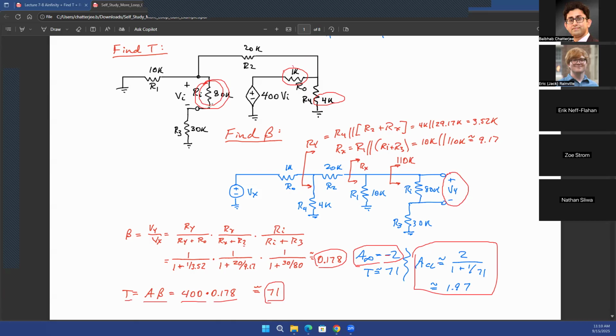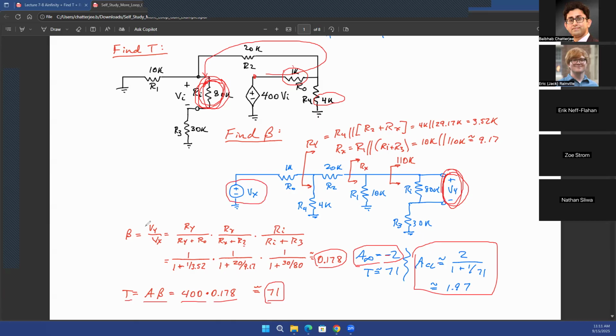So you're starting from this point and you want to find out what is the voltage available in between these two terminals, across your Ri resistance. That's the voltage that you're interested in. So you want to find out the voltage division of this over your Vx.